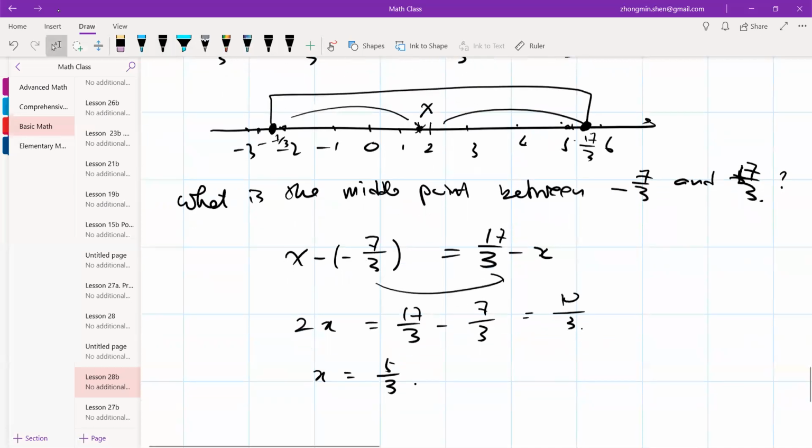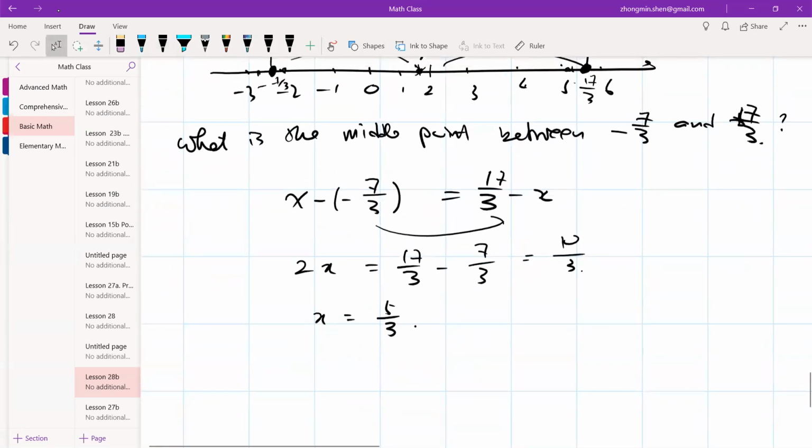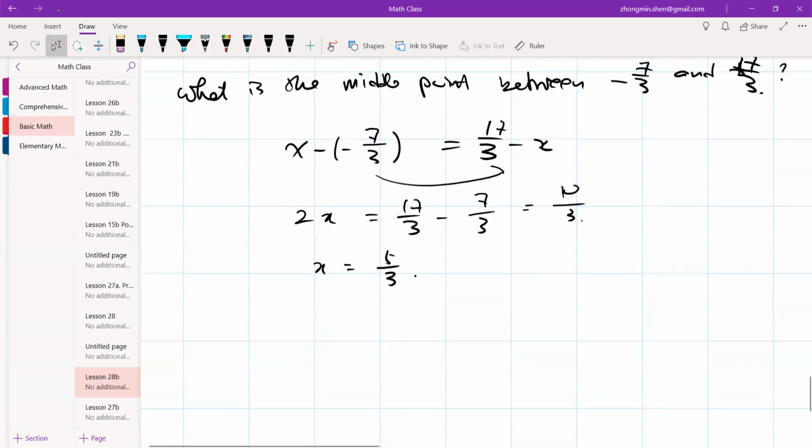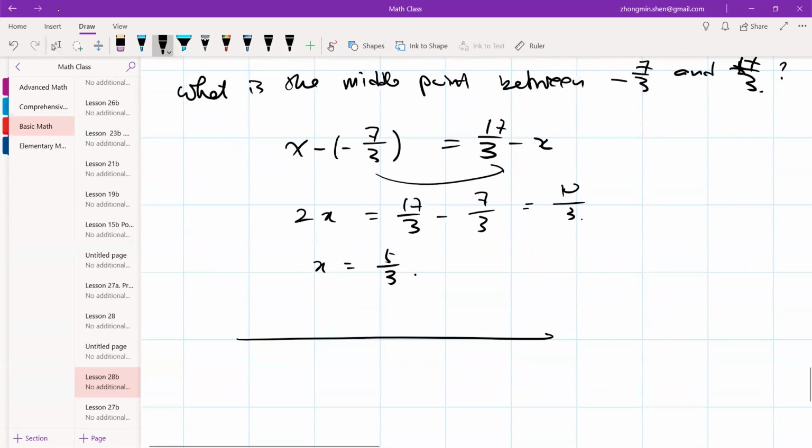But you can do that directly. This idea shows you how to find the midpoint formula. If you have a line here, and this is A, this is B, that midpoint formula is x bar equals half of A plus B. Now why is A plus B divided by 2 the coordinate of the midpoint?